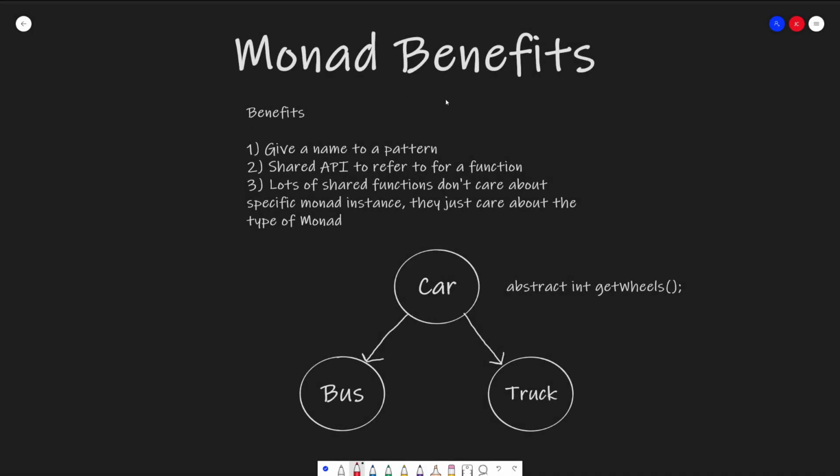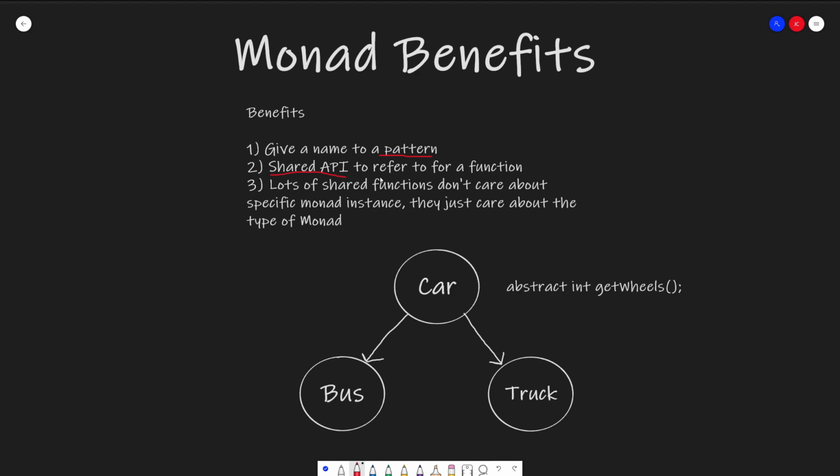What are the benefits of using the monad? In the lecture, there were 3 benefits that were given. First, it gives a name to a pattern. For example, we have that bind, or the return, or the fail. The second reason is that there's a shared API that we can always refer to for a specific functionality.